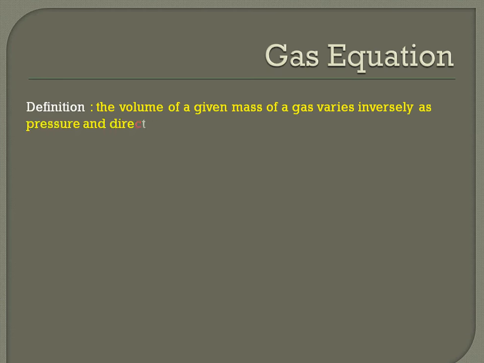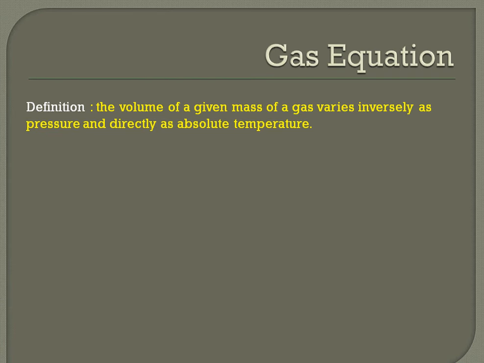That is, the volume of a given mass of a given gas varies inversely as pressure and directly as absolute temperature. There are many times when we increase or decrease pressure or temperature, there is a slight increase and decrease of volume because the three are interrelated to each other.